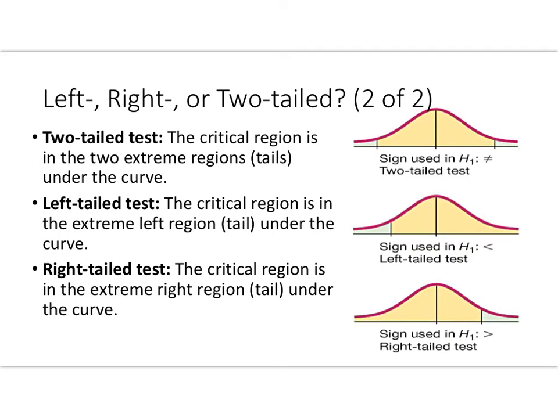A two-tailed test is going to be that the alternative is not equal to. A left-tailed test is going to be looking at that left side of your area under the curve. That will be when your alternative is less than. And when your alternative is greater than, it will be a right-tailed test.